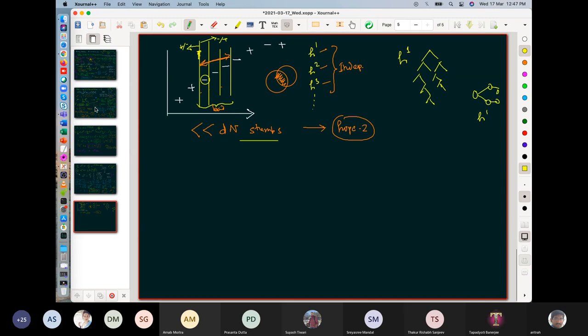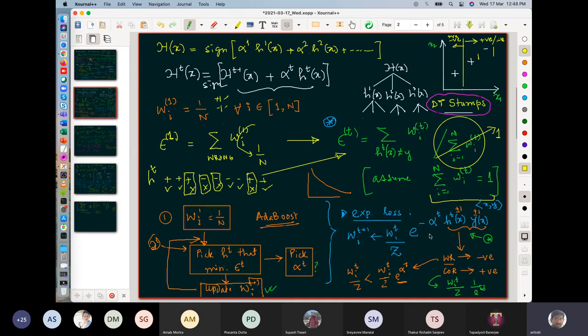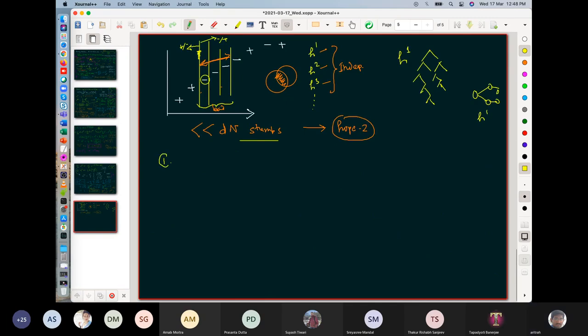And to formally answer your question about why this exponential loss: one thing is that it converges faster. You are absolutely right in that sense. It converges exponentially faster, number one. Number two, Rob Schapire, as I told, explored many other functions.